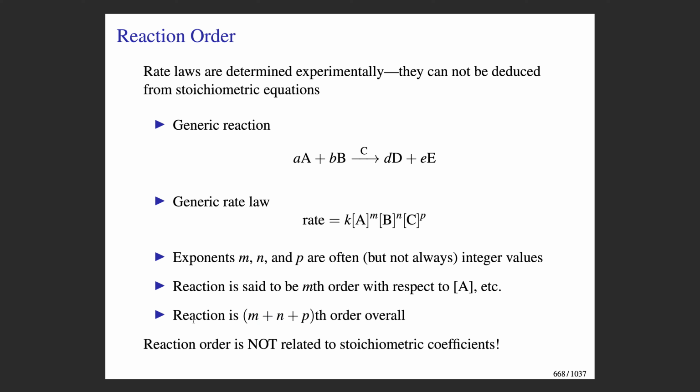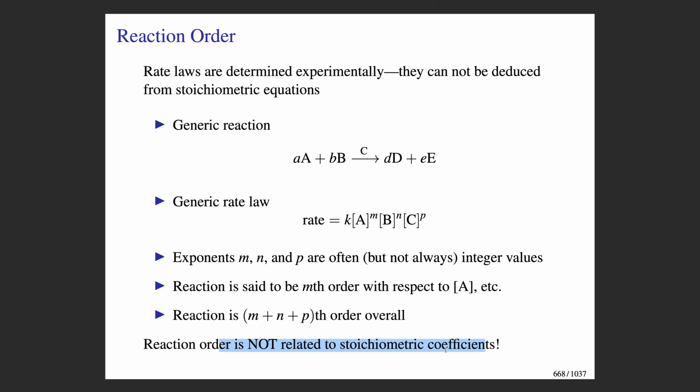I want to point out one very important fact. That is the reaction orders, the exponents in the rate law, are not necessarily related to the stoichiometric coefficients. So in general, they are not the stoichiometric coefficients.